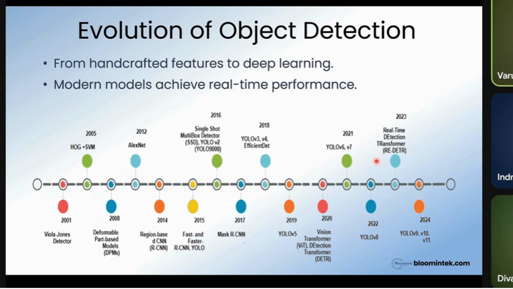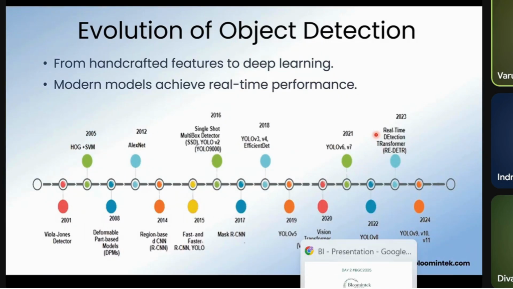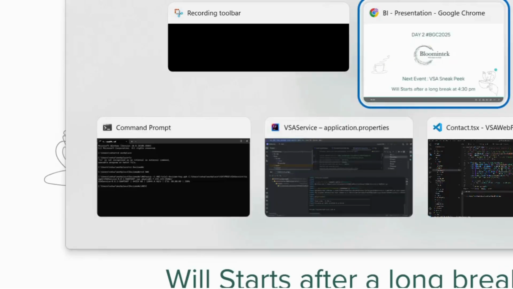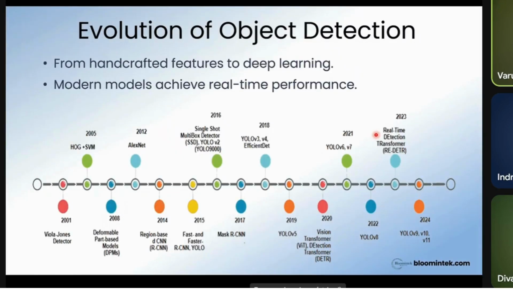And now we have DETR, the transformer-based approaches, which are extremely advanced object detection architectures. They handle very complex scenes with higher accuracy. This complete journey has been all about improving the speed and accuracy of object detection.